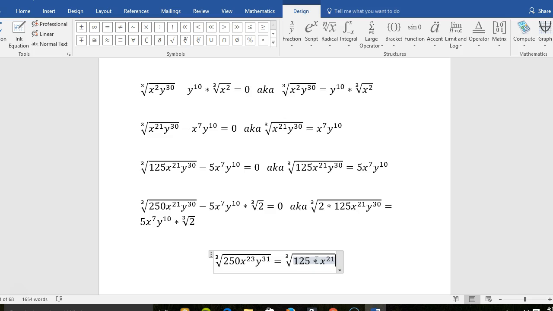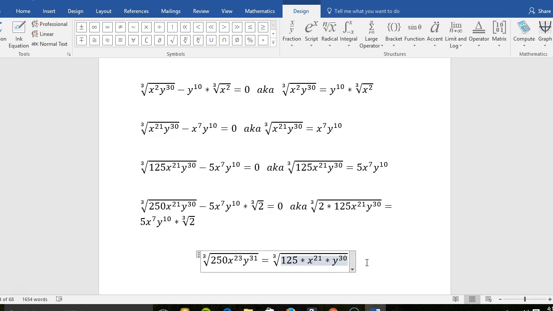And then times, and now for y, what is the biggest multiple of 3 that is smaller than 31? And that is 30. So for x, I do 21, and for y, I do 30.